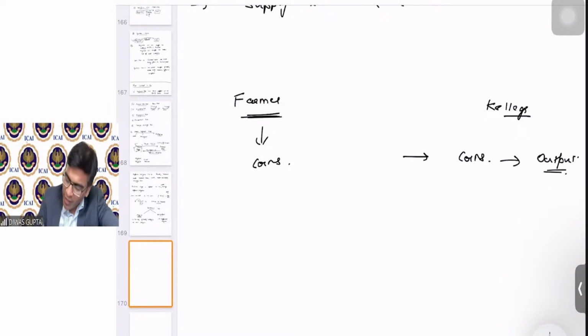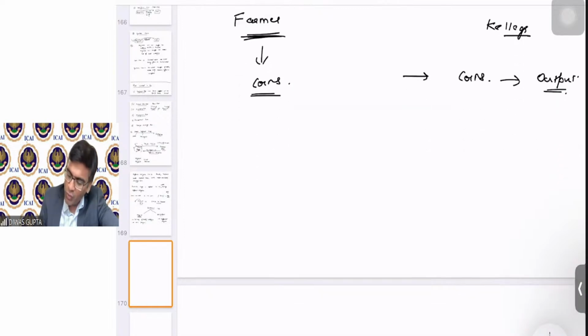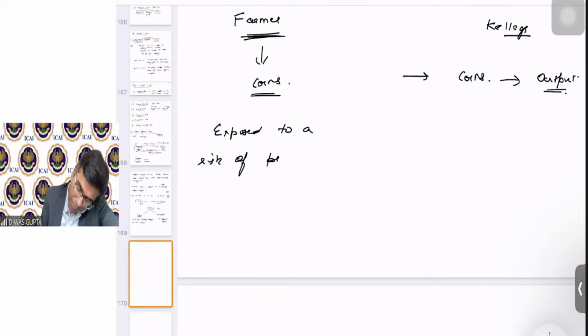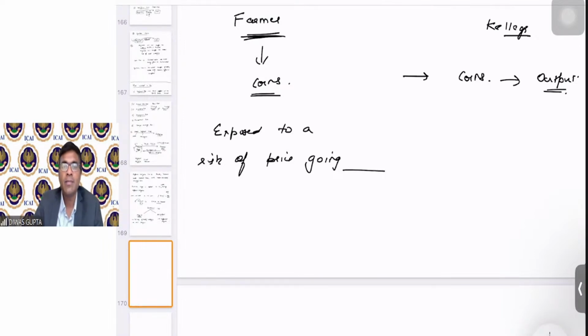Now, the farmer who is producing corn is exposed to which risk? Tell me, students, the price going up or down?